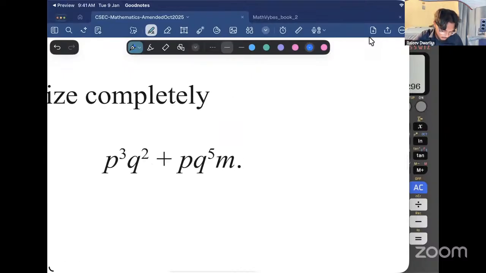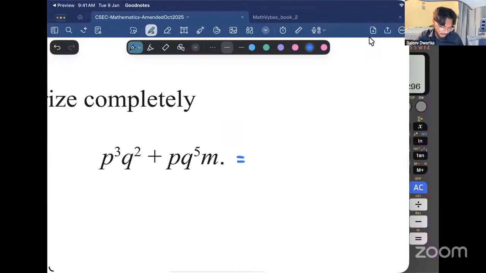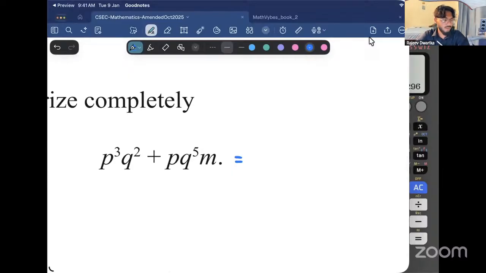Talk to me. So, what are the common factors you're seeing? P. Well, you're seeing p for sure in both of them, right? What else do you want to pull out? Q. Alright. That would be a bit incomplete.